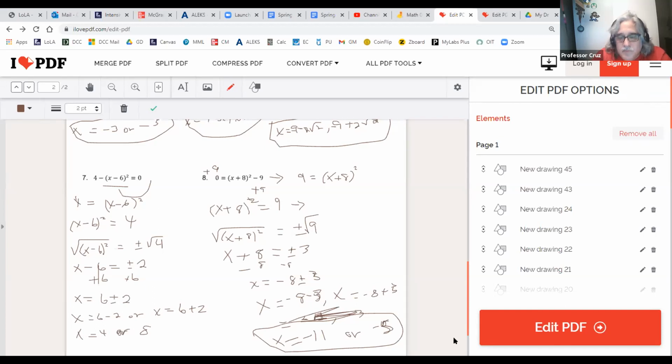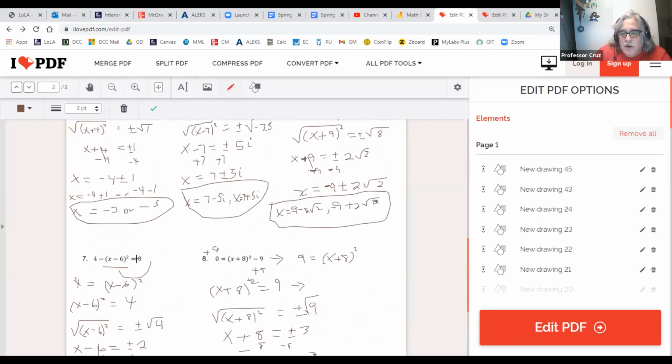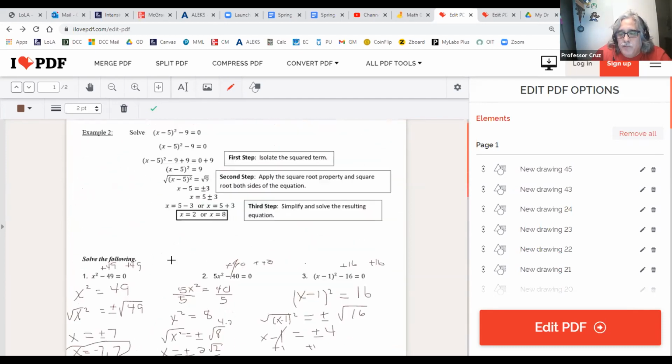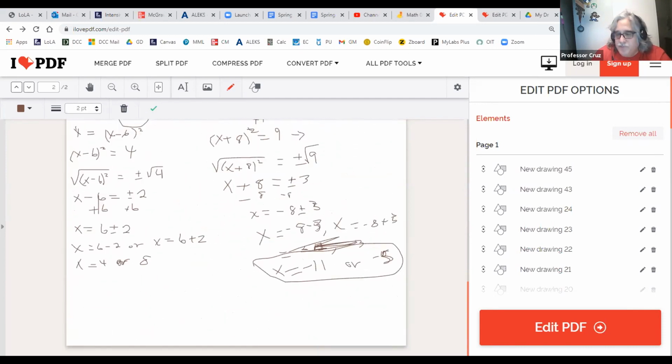Look good? Yeah, this would have been factorable. I thought there was one in here. It's probably in the next section.